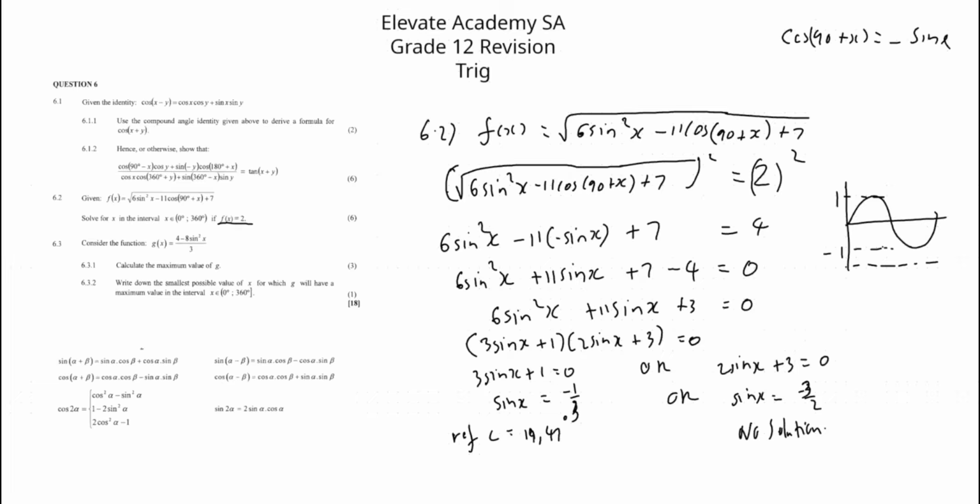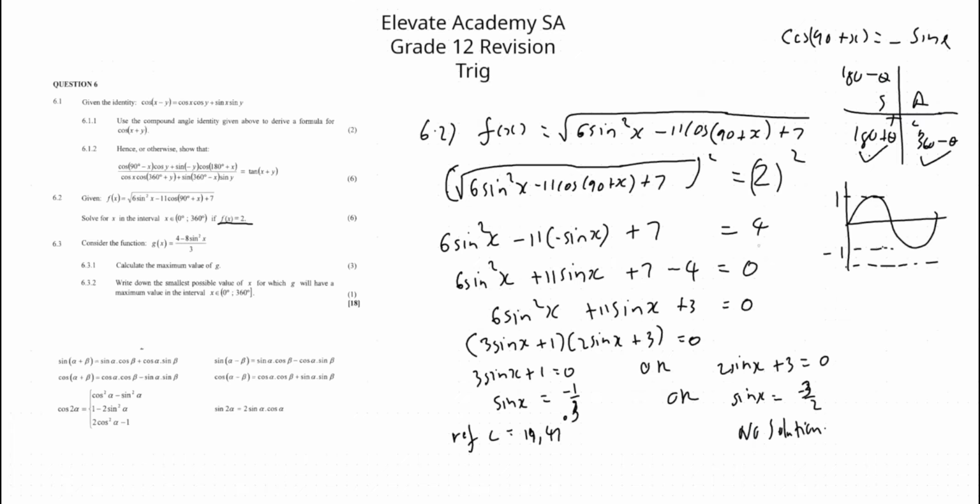So now when we look at our CAST diagram, really quickly: 180 minus theta, 180 plus theta, 360 minus theta. We need to look at where sine is negative. Sine is negative in the third quadrant, and it's negative in the fourth quadrant. To find our x values, we add the reference angle to 180 in the third quadrant.